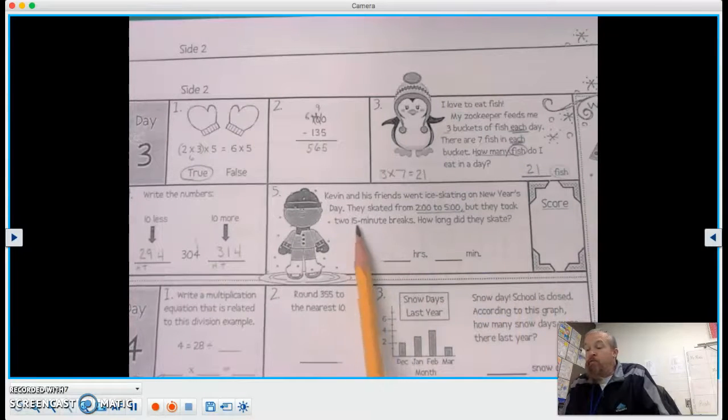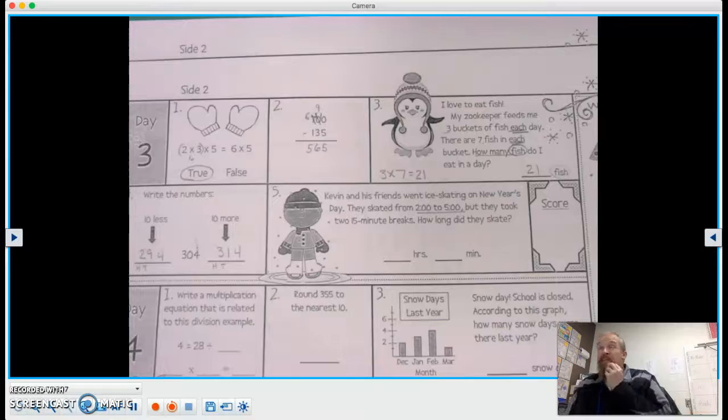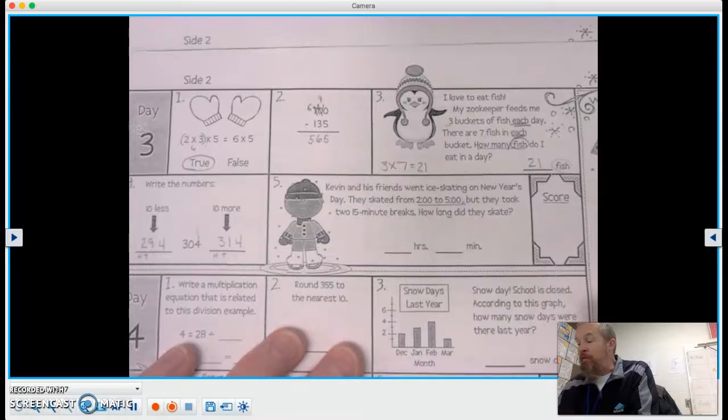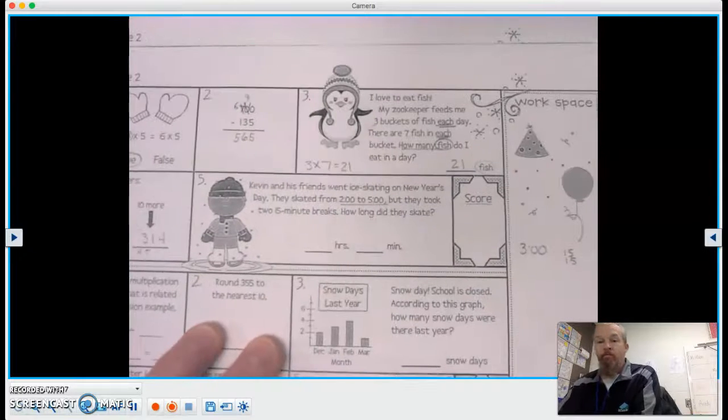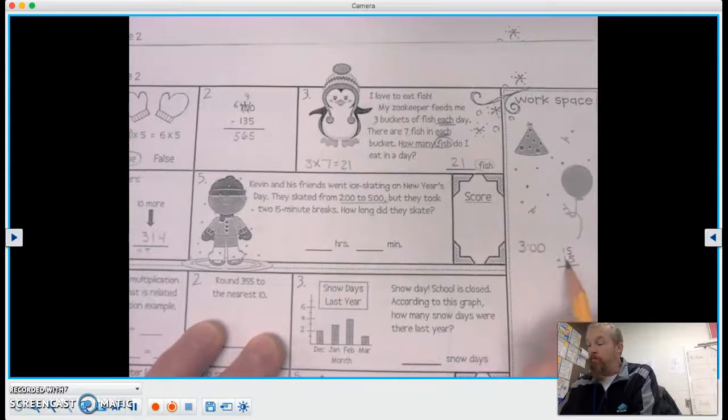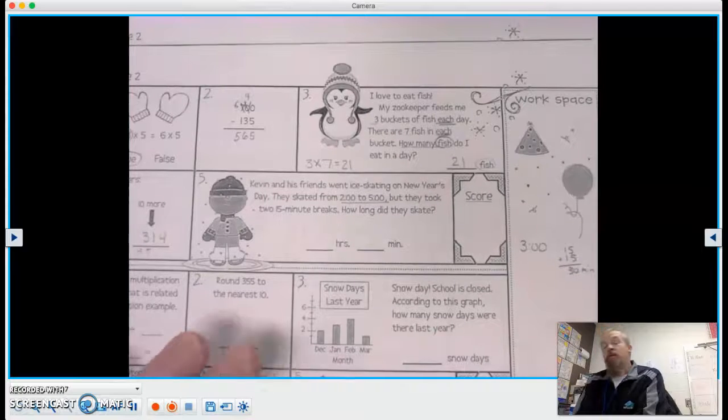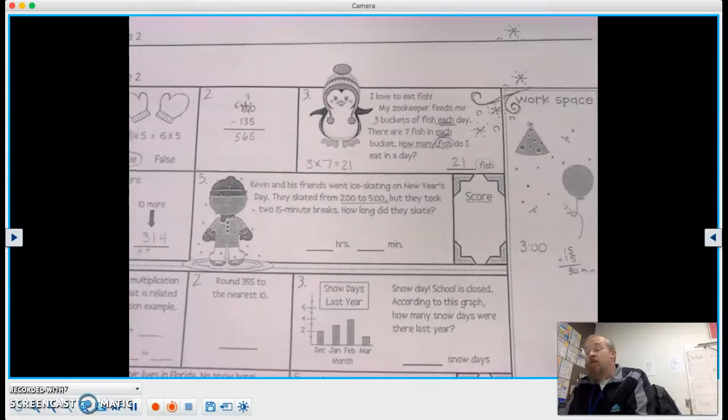But they took 2 15-minute breaks. Taking a 15-minute break means that they're not ice skating for 15 minutes. So 15 plus 15 equals 30. So they took a break for 30 minutes of those 3 hours.